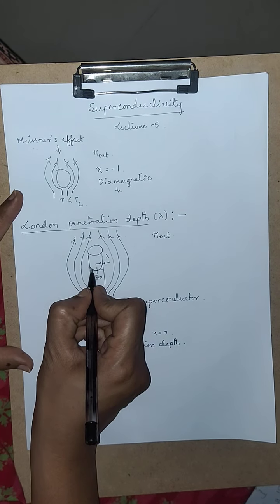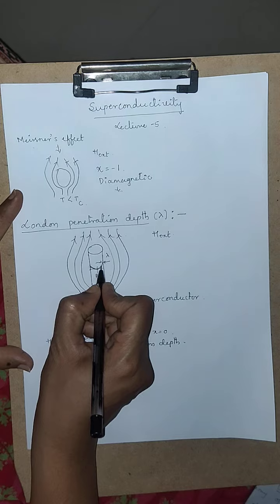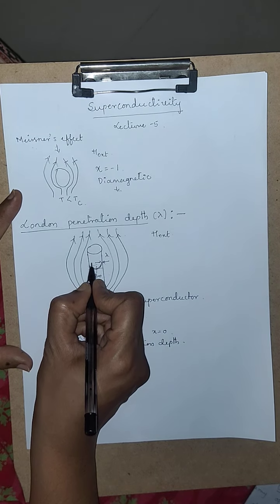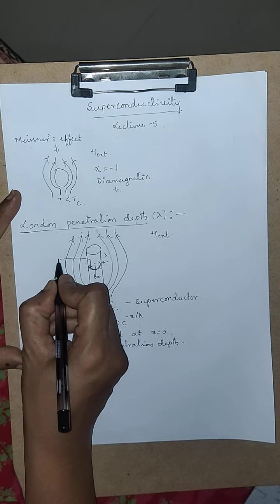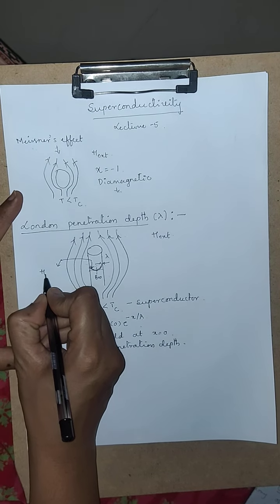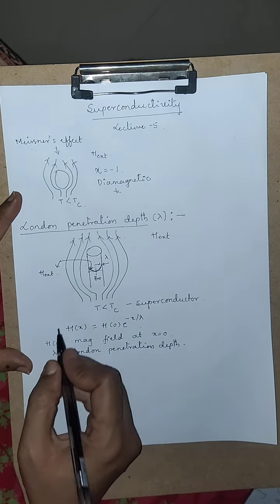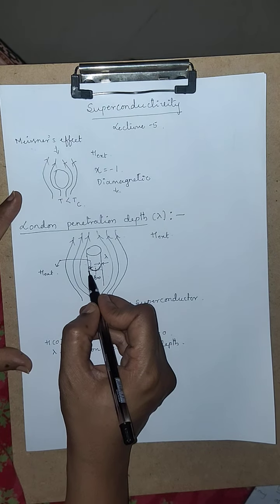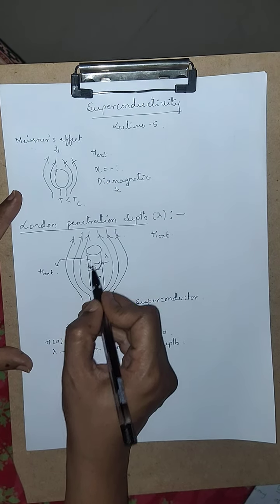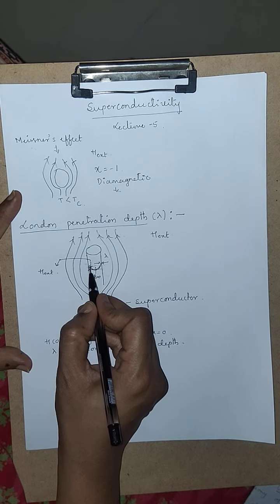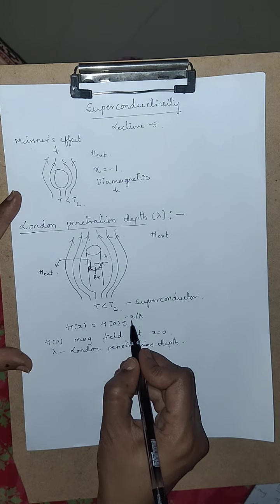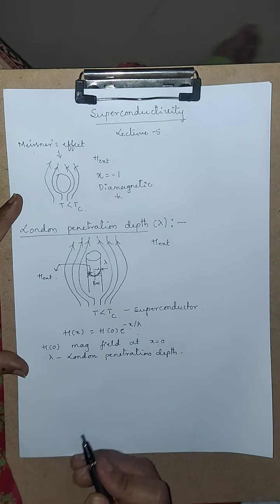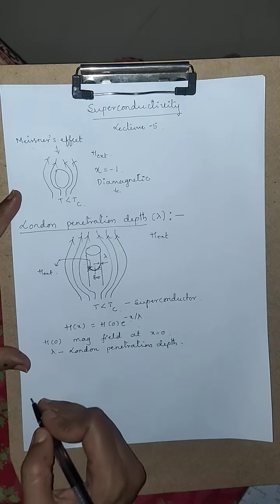Whereas above this area, if I mark it here with the arrow mark, the external magnetic field exists, but inside the material, the H internal is 0. There exists a magnetic field here and here, hence we call it lambda. Lambda is also a function of x, that is the thickness.